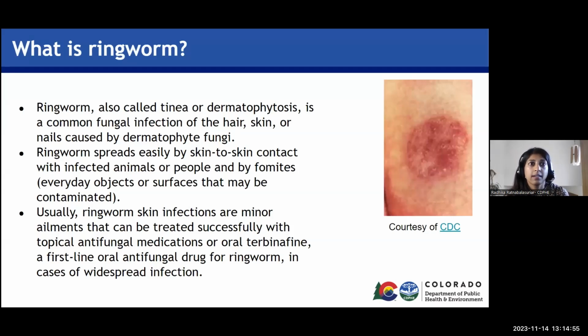Usually, ringworm skin infections are minor and can be treated successfully with topical antifungal medications or oral medications in cases of widespread infection. So this is a diagnosis, unlike Candida auris, that you may see quite commonly in your setting. Next slide, please.